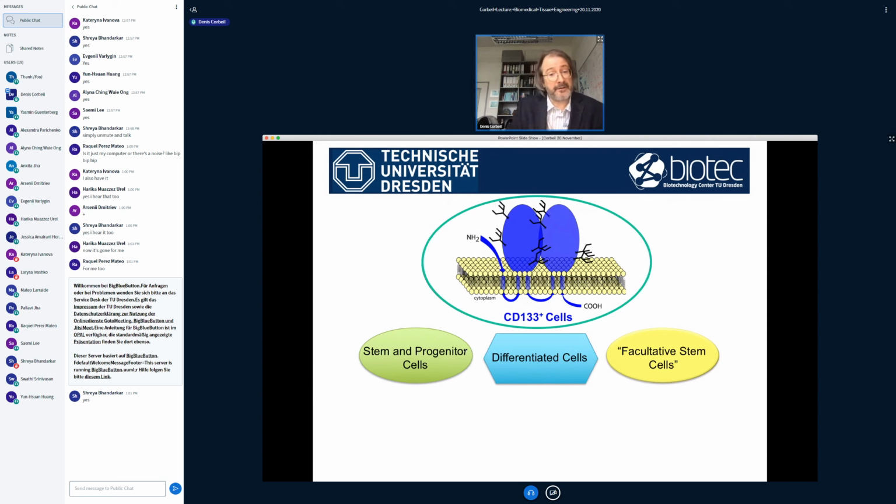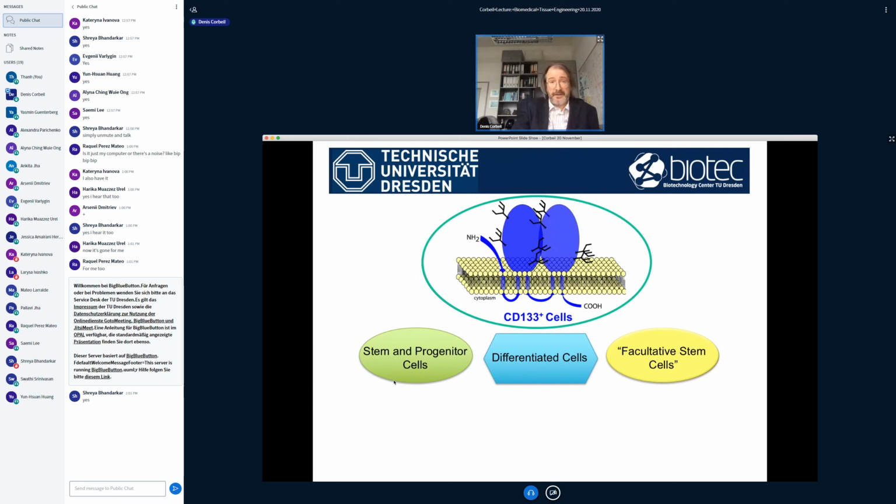So when you isolate the stem cell, you need to keep in mind that differentiated cells can express it as well. And at least a subpopulation of the CD133 positive cells has the capacity, after differentiation, to come back as a stem cell. That's what they call a facultative stem cell, meaning a cell which is differentiated, and upon stress it can de-differentiate and behave like a stem cell.